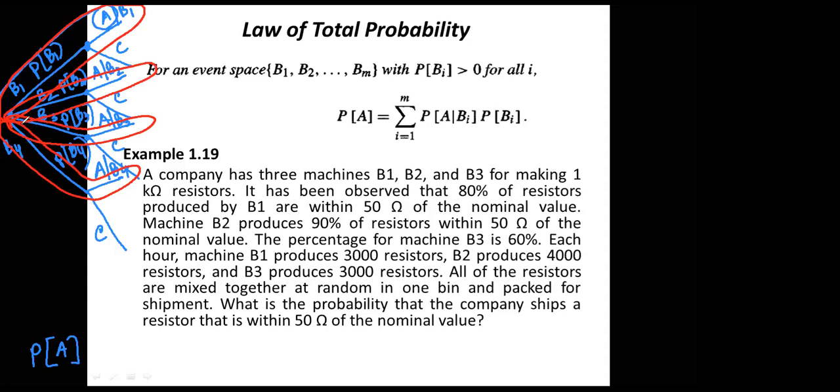If I multiply and add, that will be the probability of A. Look at this. This is the law of total probability. What is that telling? We'll multiply this probability of A condition B1.